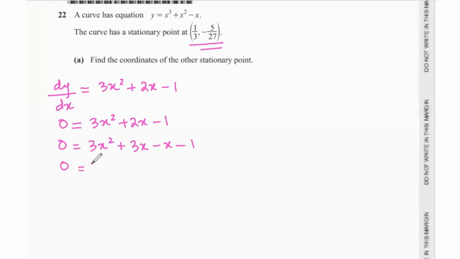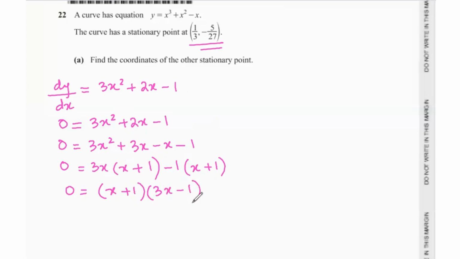So 0 equals 3x is common, x plus 1, minus 1 is common, x plus 1. x plus 1 is common between 3x and negative 1. So one value of x is negative 1 and the other is 1 over 3. 1 over 3 is already covered, so this is what we're focusing on.